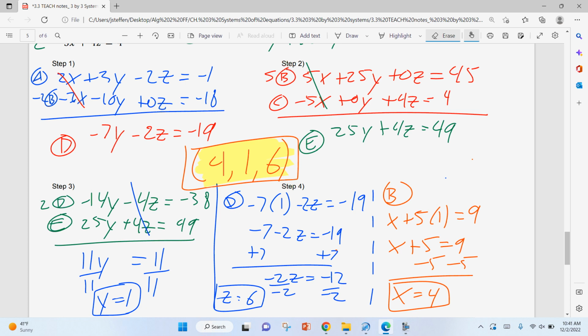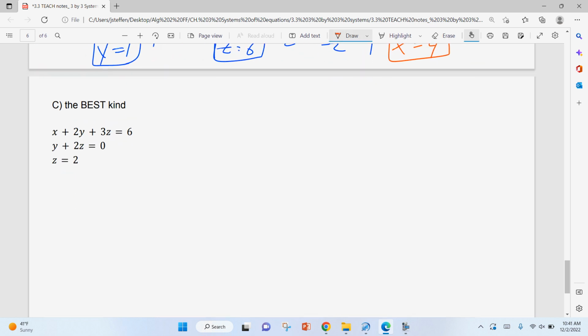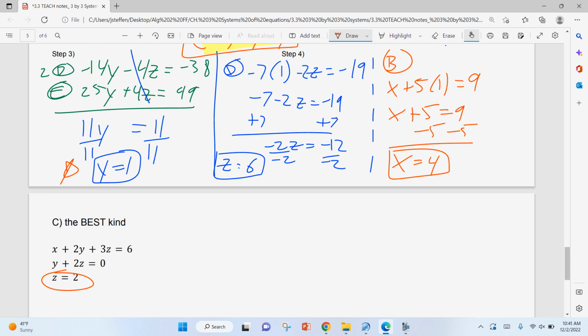We just have to plug that in and solve. So if you look at the one we have, they essentially did those first 3 steps for us because they're telling us that z is equal to 2. This equation is equal to 6, this equation is equal to 0, but this one is just z and it's equal to 2. So we can already start at this point from our other equations.